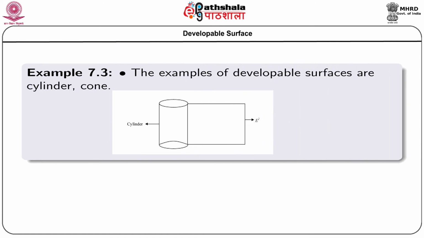For example, a cylinder and a cone are developable surfaces, because for a cylinder we can easily transform it into the Euclidean plane E2. For a cone also we can transform it into the Euclidean plane E2 by giving some suitable transformation.